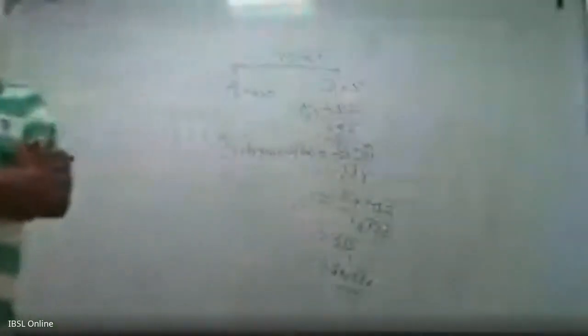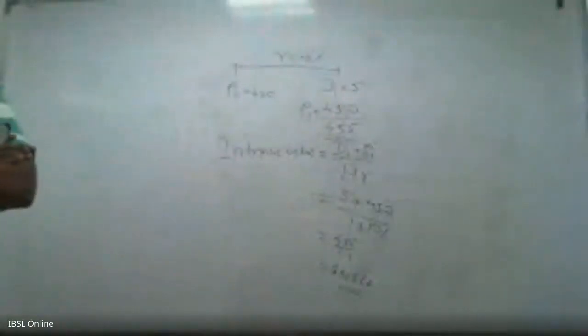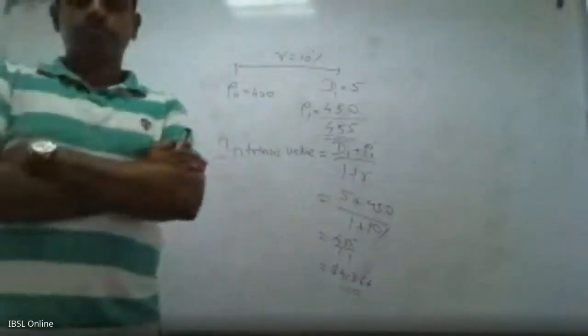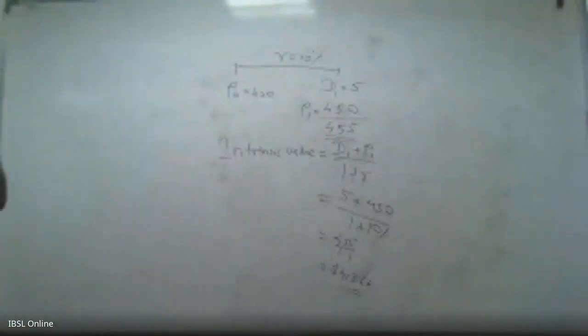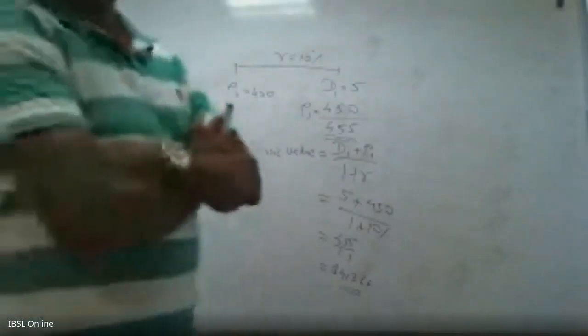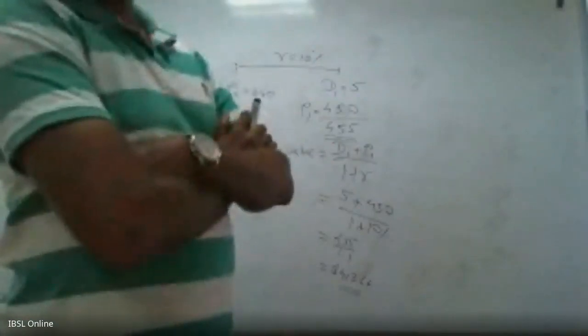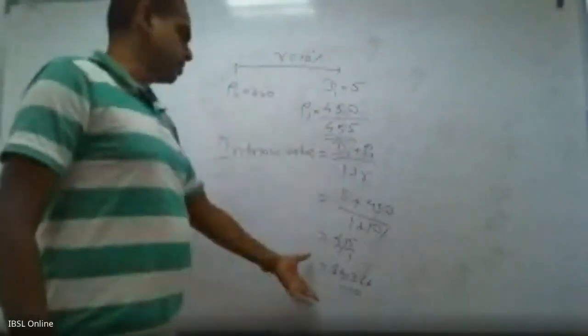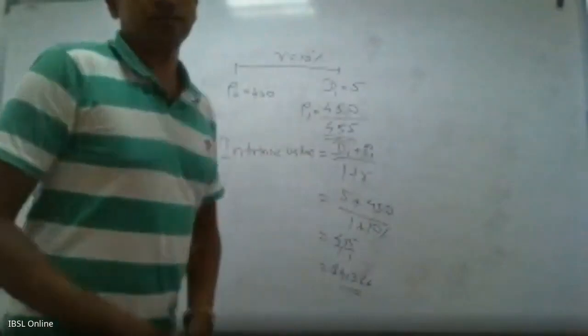It is undervalued, right? Because the price is 400, but the actual intrinsic value is 413. So it's undervalued. If it's undervalued, you need to buy it.